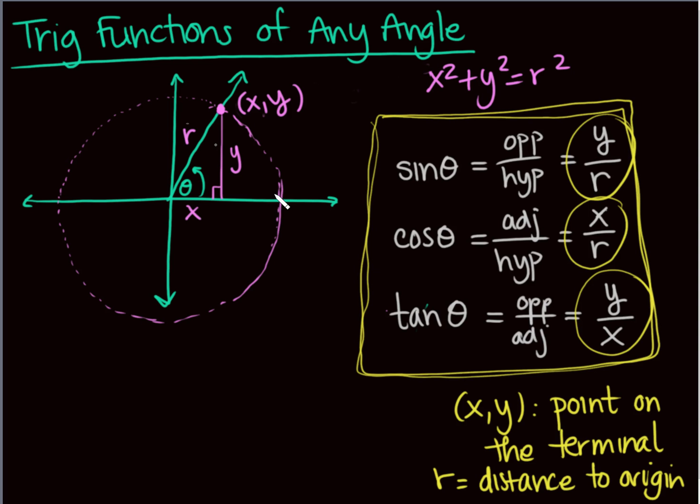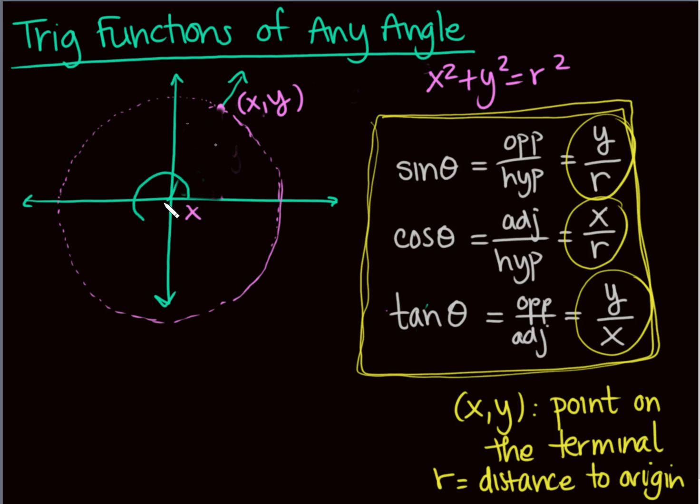So let's say I take an angle. Let me get rid of some of this right here so we don't confuse ourselves too much. So let's look at this circle. What if I took an angle and had it go into the third quadrant?